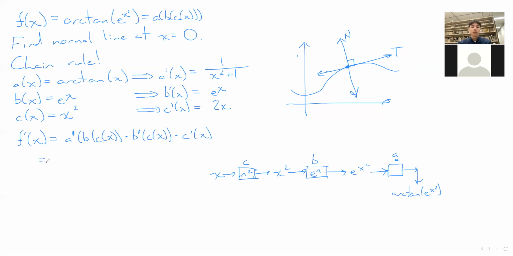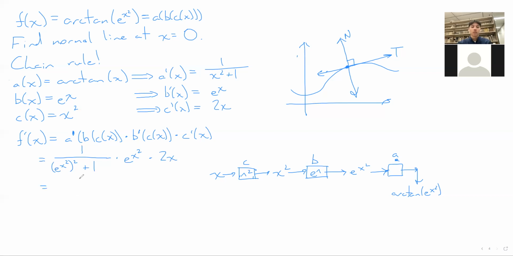So now we can actually fill in the specific pieces of our function. A prime was 1 over x squared plus 1, so I should call it 1 over e to the x squared plus 1, times b prime, which was e to the x, except that's going to be e to the x squared. And then the final piece is going to be c prime, which is 2x.